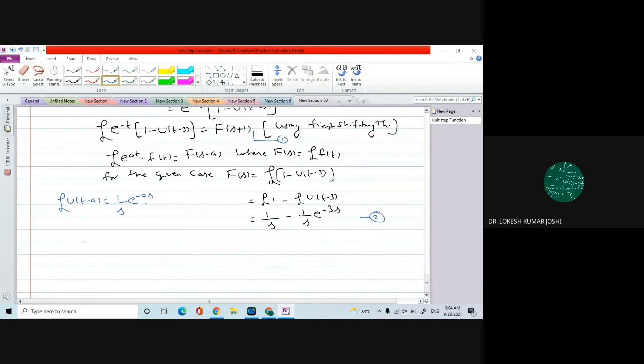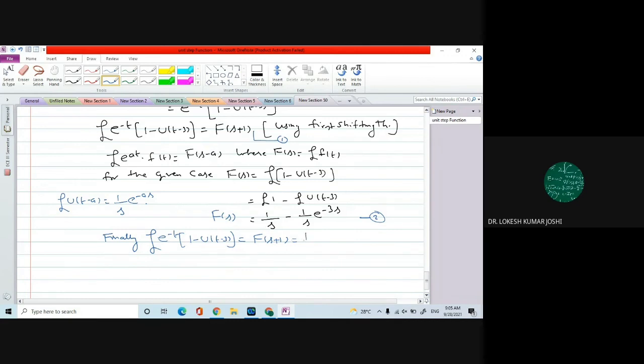We can write finally, Laplace of e to the power minus t times (1 minus u(t minus 3)) will become F of s plus 1. Therefore, we just substitute s plus 1 in place of s in F(s). Here F(s) is 1 upon s.